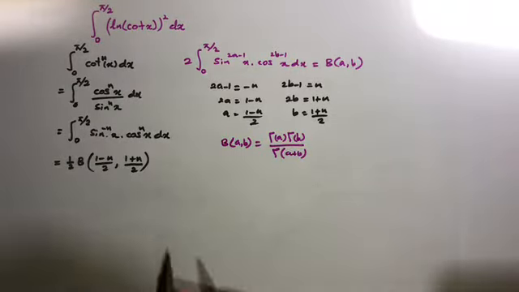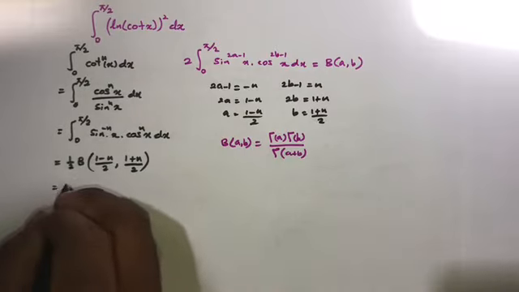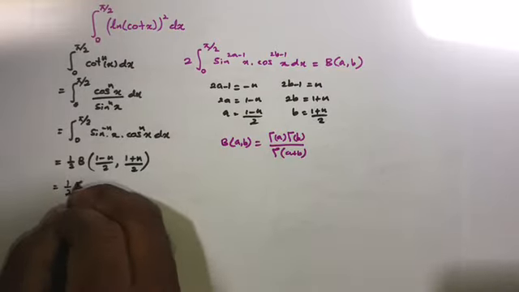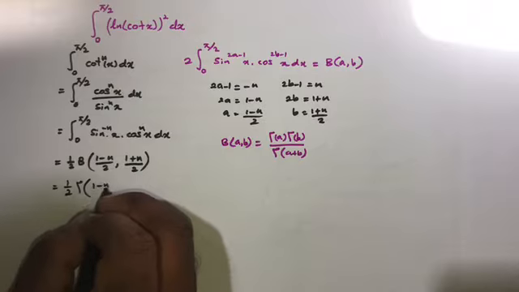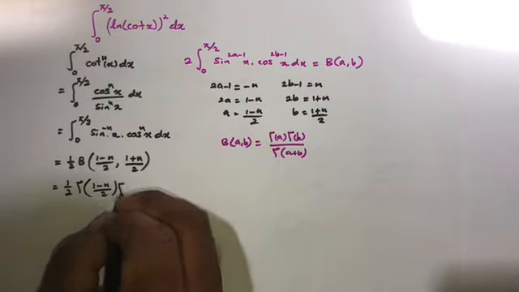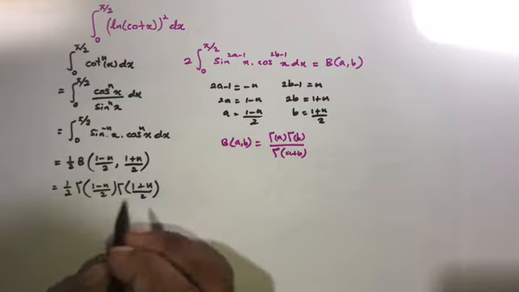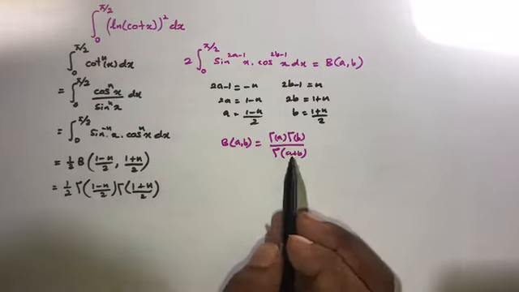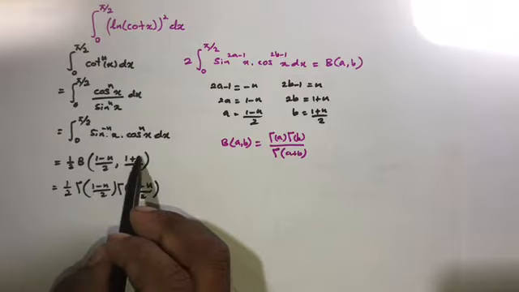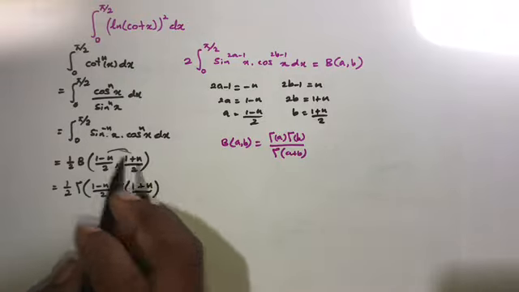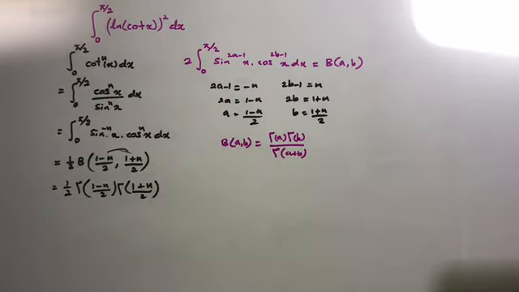So we can write now 1/2 times gamma of 1 minus n over 2 times gamma of 1 plus n over 2 over gamma of a plus b. We know if we take the sum of these terms, this is equal to 1, and gamma of 1 we know is 1.